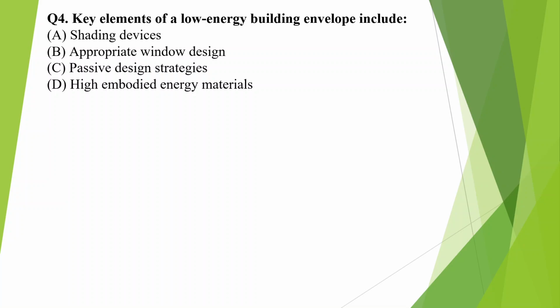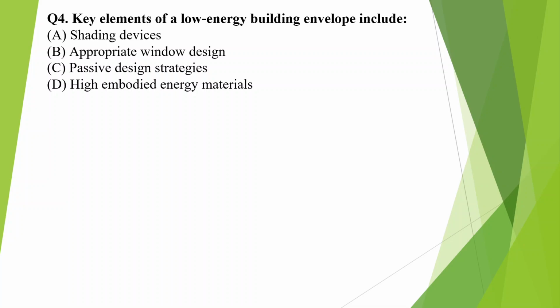Because shading is a part of the building envelope, window design is also part of the building envelope, and passive design studies are also part of the building envelope. Option D is not the correct answer; all three answers, A, B, C, you have to mark. Why is option D not correct? Because whenever high embodied energy materials are talked about, that is not low energy buildings, and this is talking about the envelope of low energy buildings.